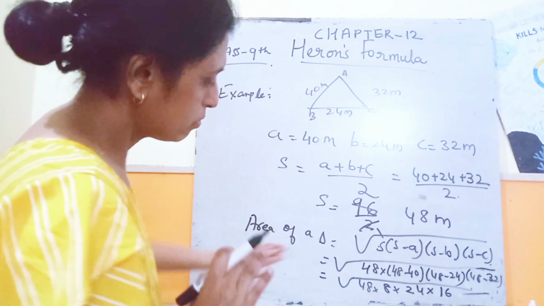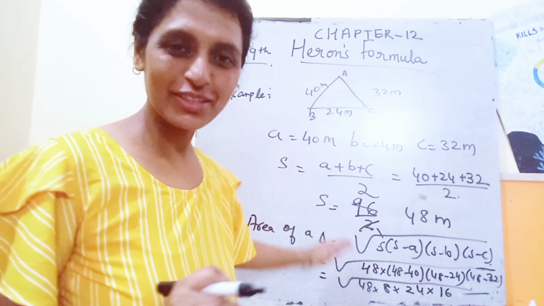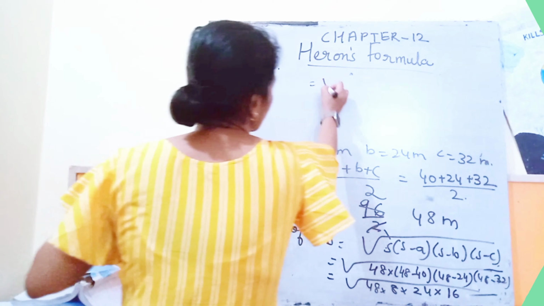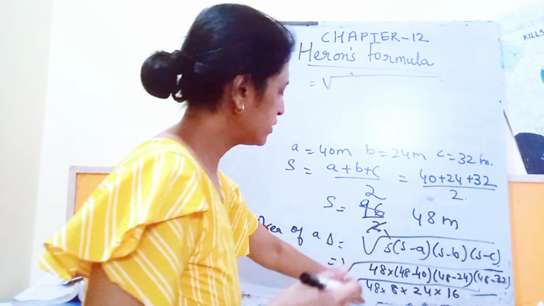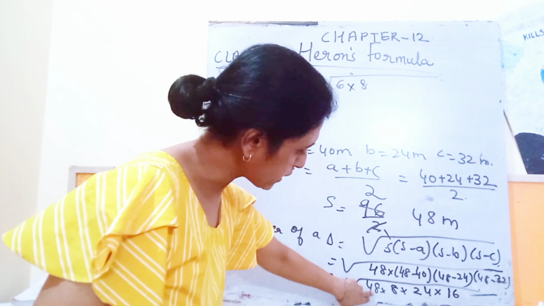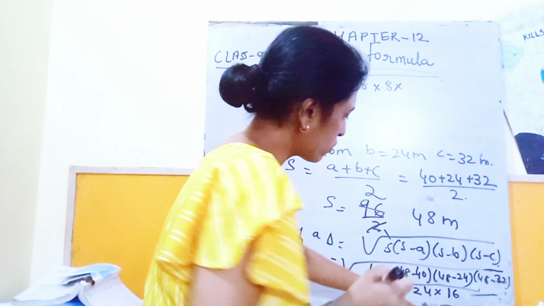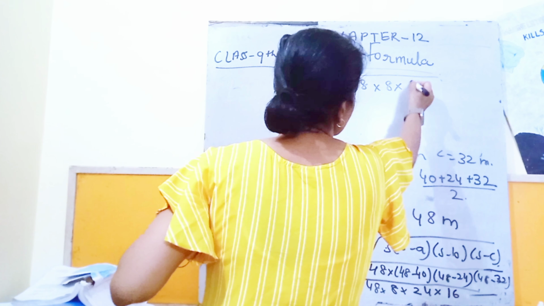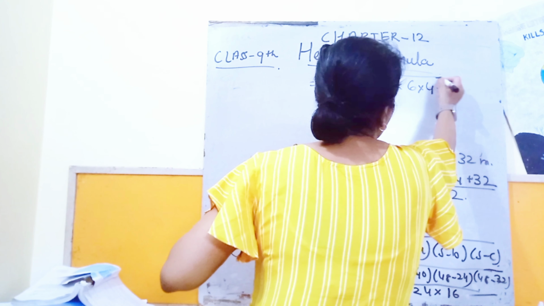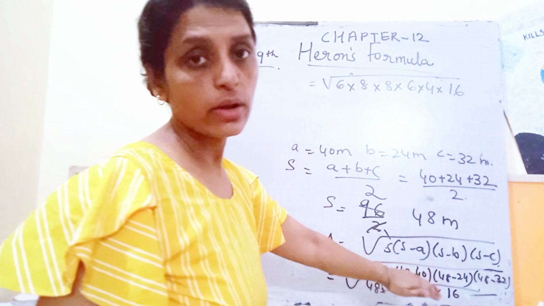Now I am not having space left here, so I am going to rub this and do the rest of the part here. 48 can be written as 6 into 8, multiplied by 8. 24 can be written as 6 into 4. And 16 you write down as it is because we know the square root of 16 is 4.